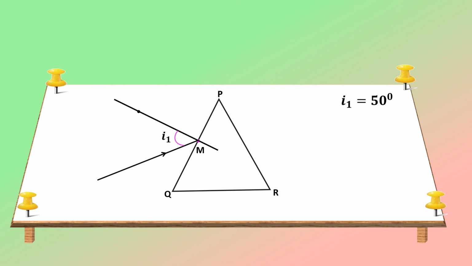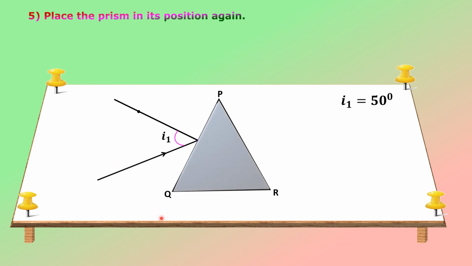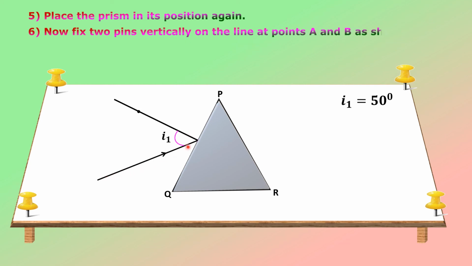Next, place the prism back in its position. And let us fix two pins on the incident ray at the points A and B. Prism has been placed in its position, and now fix two pins vertically on the line, that is on the incident ray, at points A and B. Here are the 2 points.